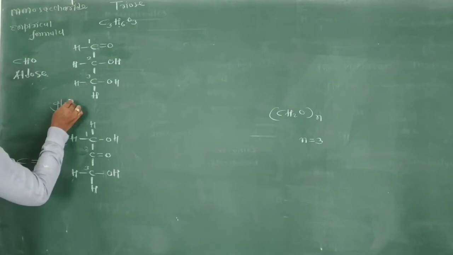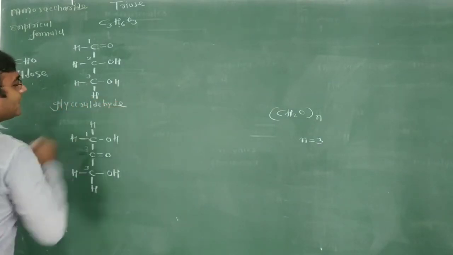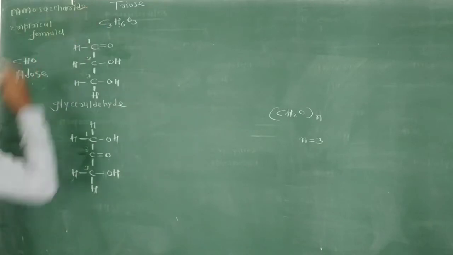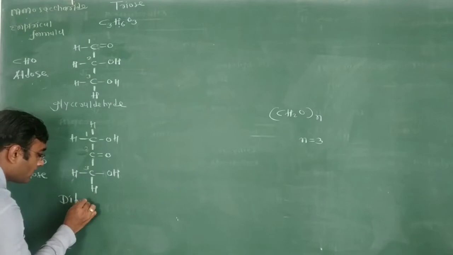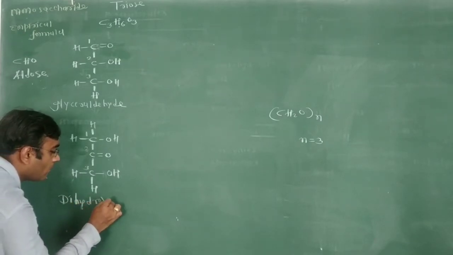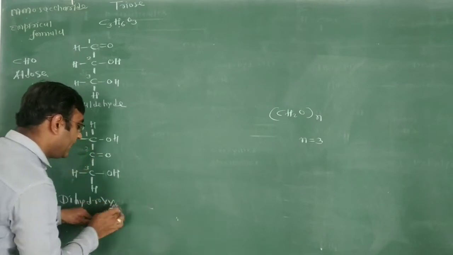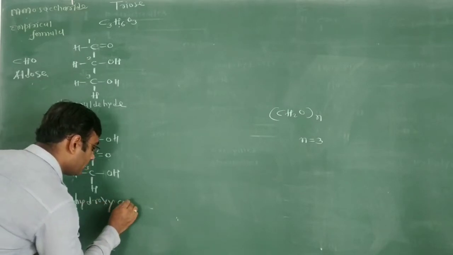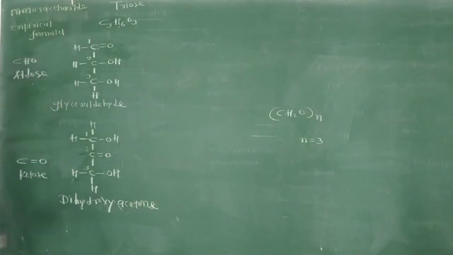Glyceraldehyde is the example of aldotriose and dihydroxyacetone is the example of ketotriose. So we complete the triose category of monosaccharide.